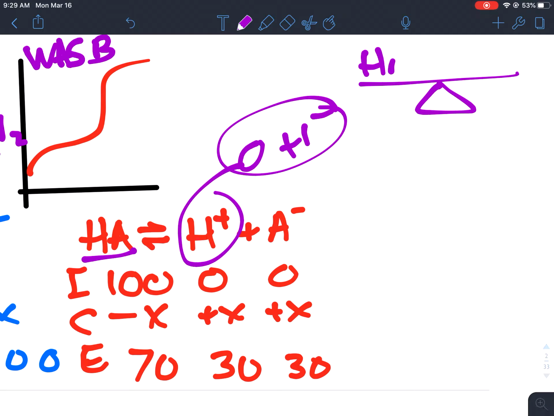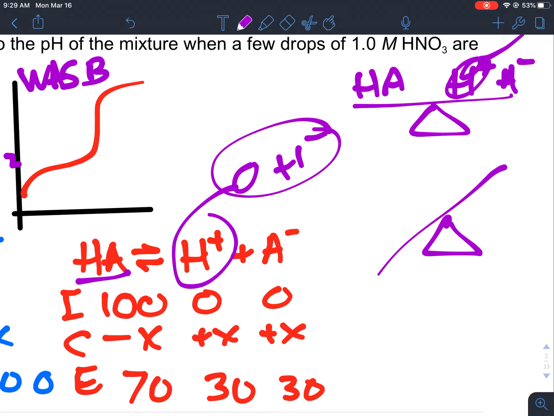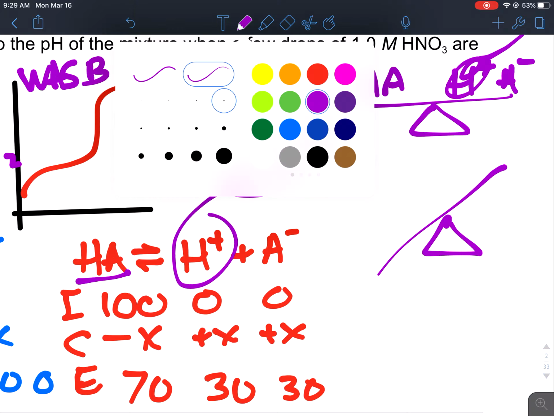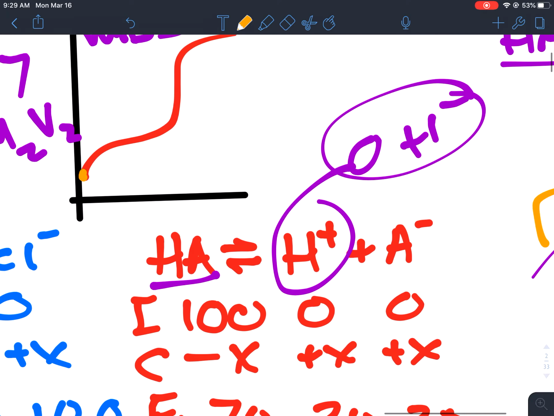You have HA, H plus, and A minus. We're going to start getting rid of this H plus. What's going to happen to the Le Chatelier seesaw? The right side is going to get lighter because the OH minus is consuming the H pluses, taking them away. So Le Chatelier's principle will relieve the stress on the system and get back to equilibrium by producing more H plus and more A minus.